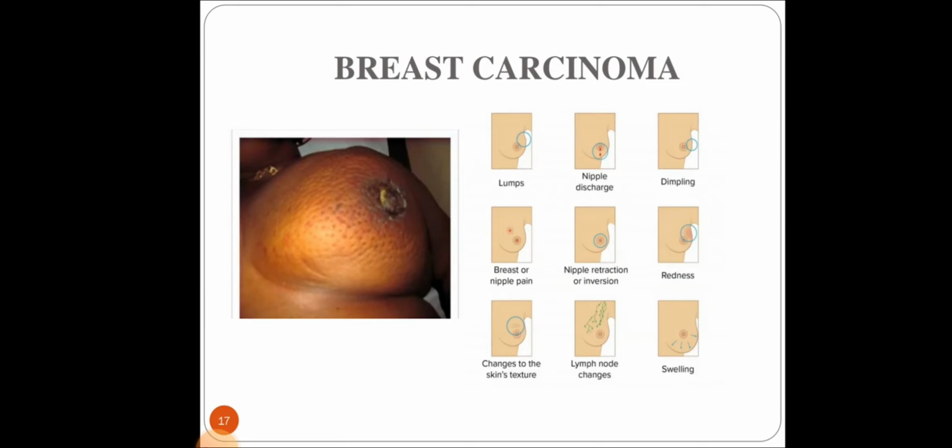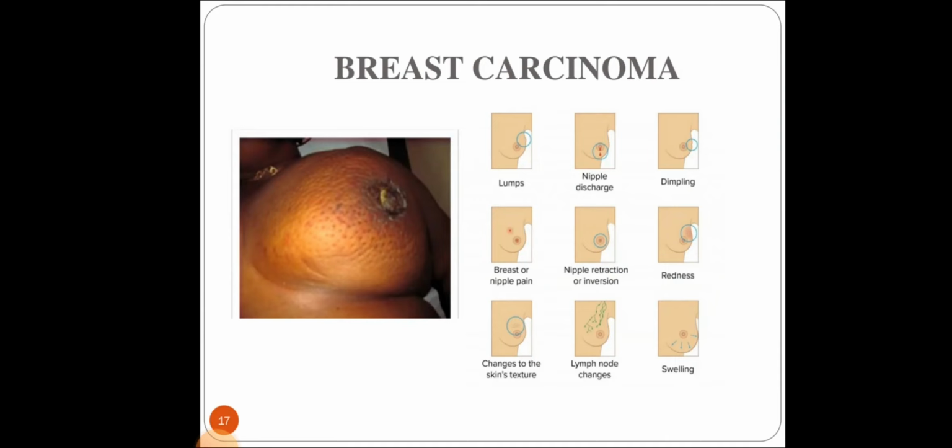And this inflammatory carcinoma, we have told it is the most aggressive type. It will rapidly metastasize to the chest wall, to the bone, lungs, etc. Because of that, it ends up with the worst prognosis.